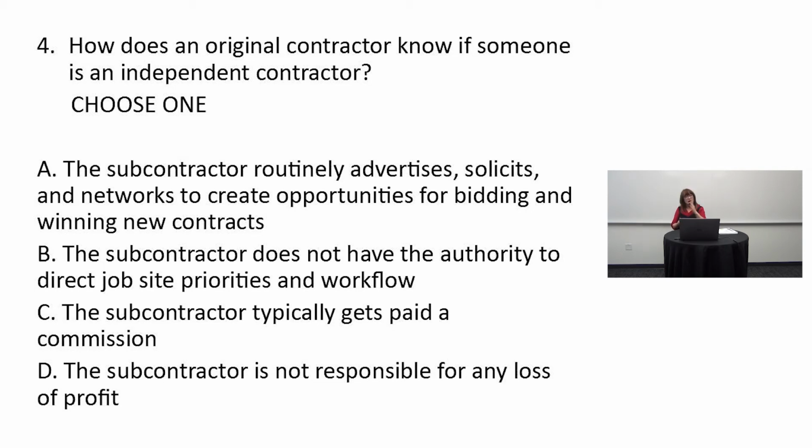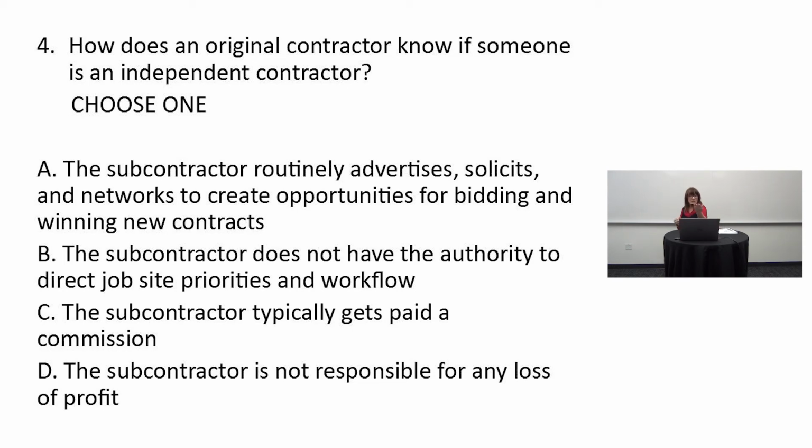So our question is, how does an original contractor know if someone is an independent contractor? The answer is A. This is one of the ways that an independent contractor is identified by both the IRS and by the state of Oregon.